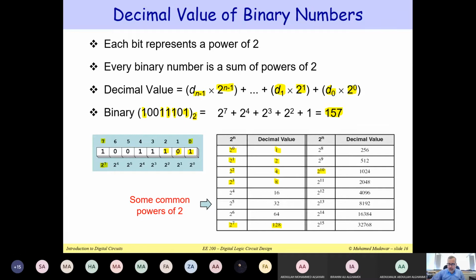If you look at 2 to the power 10 here, it's 1024. This is interesting, it's slightly more than 1000. So it's important to remember these powers of 2. If you are dealing with an 8-bit number, you can go from 2 to the power 0 all the way to 2 to the power 7, because these are the weights of the bits inside the number.